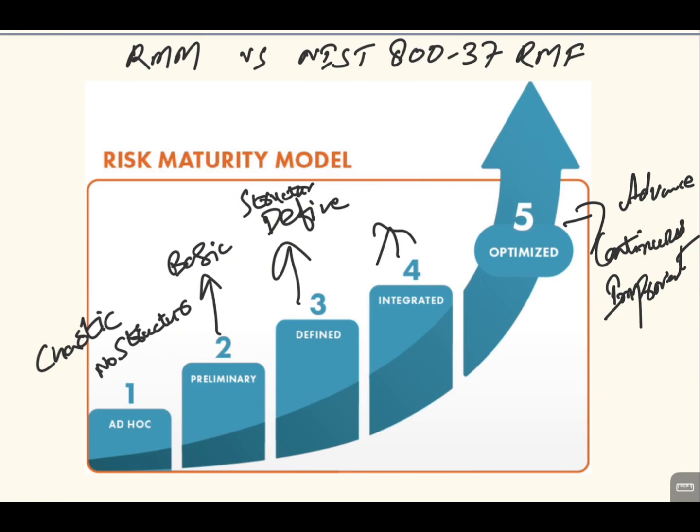So RMM is at the strategic level, and RMF is the detailed roadmap, let's say.